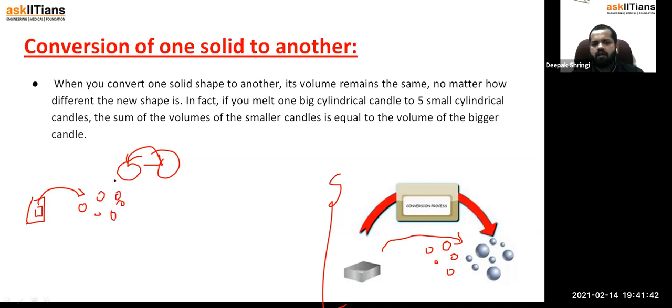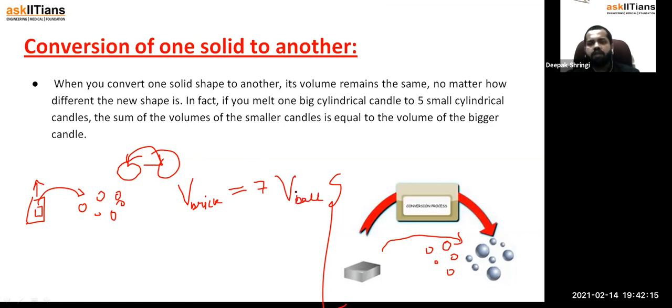If I gave a question that a bar like this, if you need to convert these into spherical balls, then the volume of your brick will be equal to, suppose that each spherical ball has the same radius, and suppose that seven spherical balls you can make from a brick, right? So volume of brick will be equal to 7 times the volume of your spherical ball.